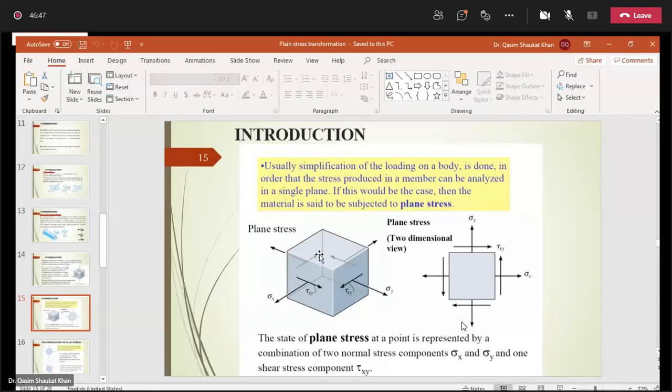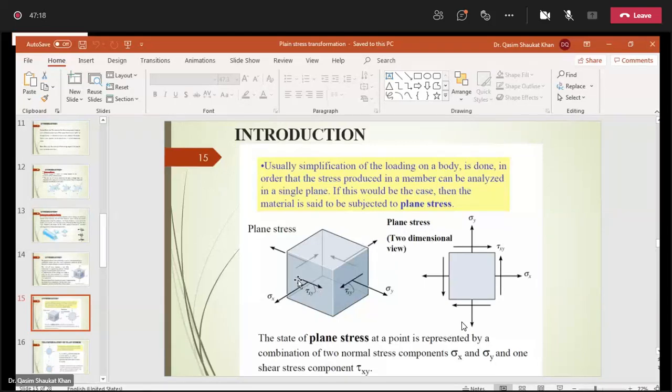In biaxial state of the stress, there are only two axes, let's say X and Y axis. So we are not considering this Z axis. Now you can see this when I consider this plane. I am considering only the X and Y stresses in X and Y direction. I am not considering the Z direction.